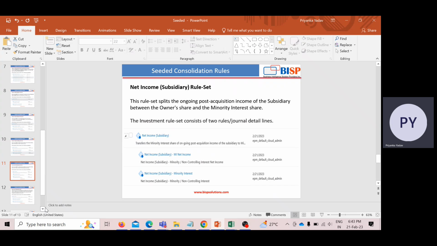Minority interest share goes to minority interest equity account, and the unadjusted remainder of net income is aggregated to owner's income. Then it further has two rules: net income, netting minority interest, and net income minority interest.